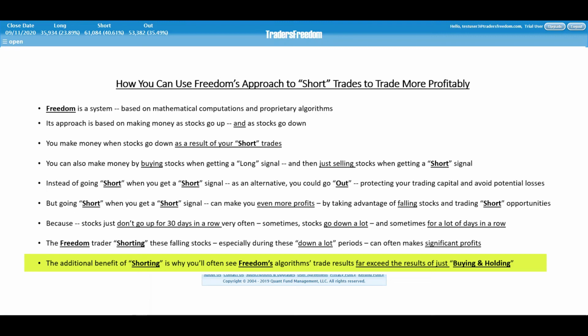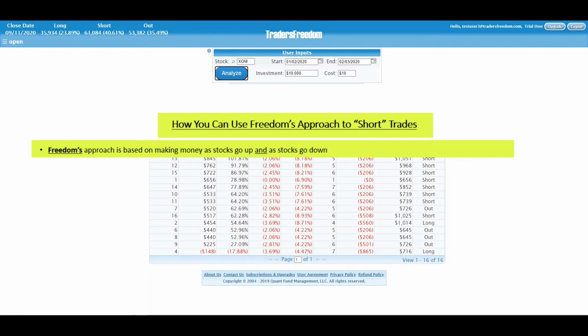Because stocks just don't go up for 30 days in a row very often, or whatever time frame you choose. And sometimes during that period, stocks go down a lot, for a lot of days in a row. While the trader who's shorting those falling stocks during those down a lot periods is often making big profits.